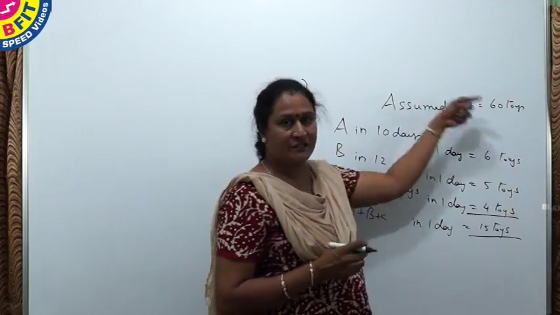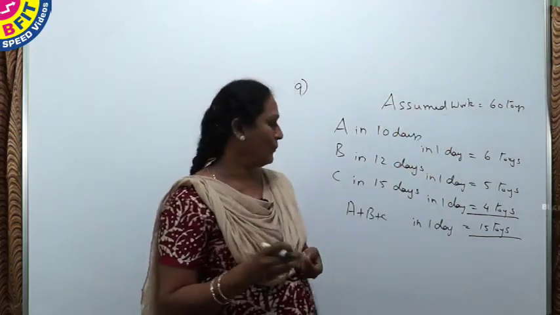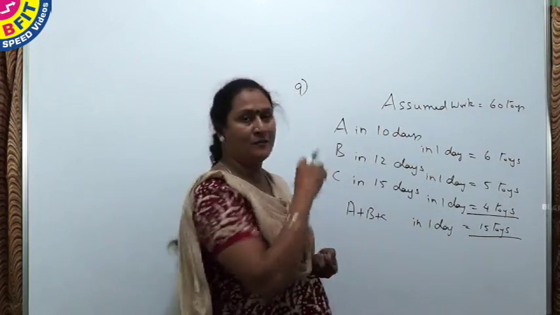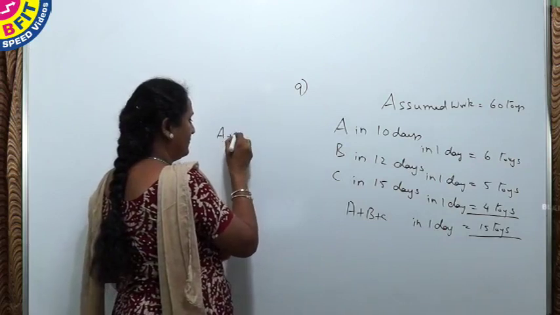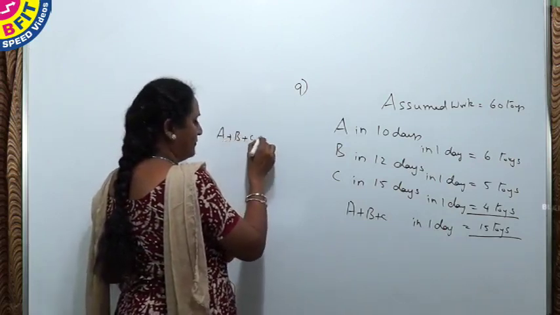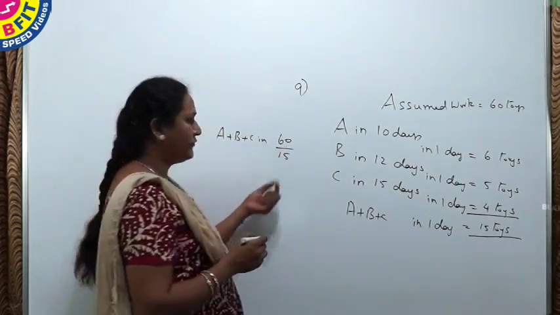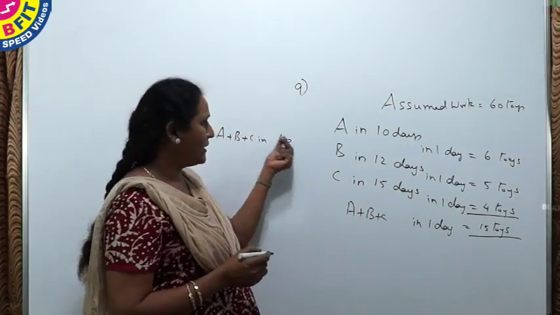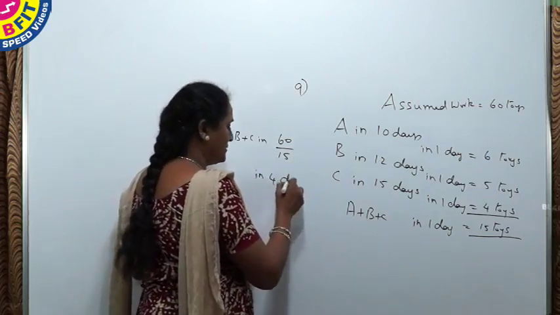To do these 60 toys, they need 60 divided by 15, equal to 4. So in 4 days they can complete this work. At the rate of 15 toys per day, they can complete 60 toys in 4 days.